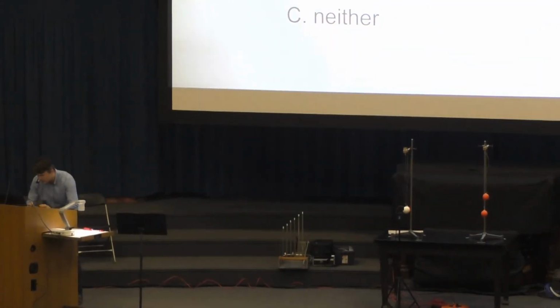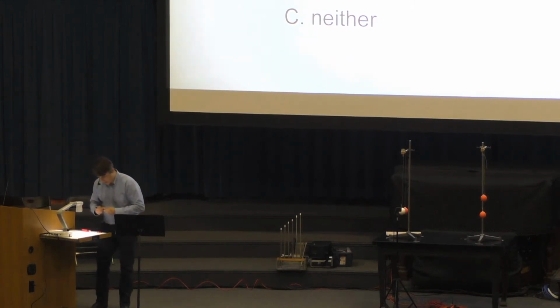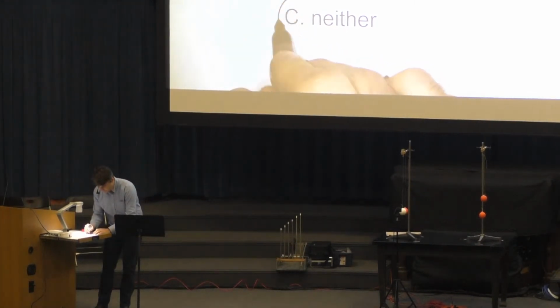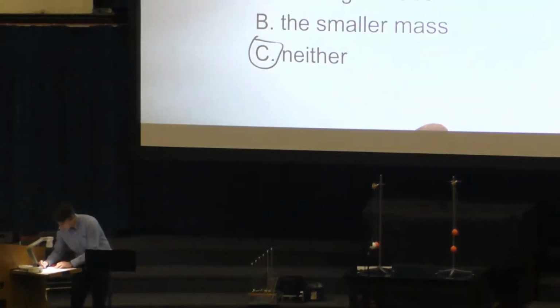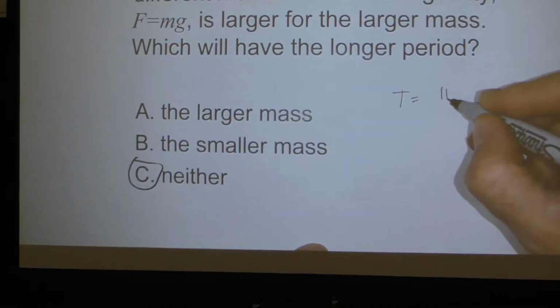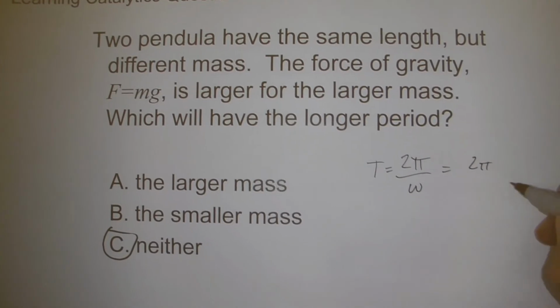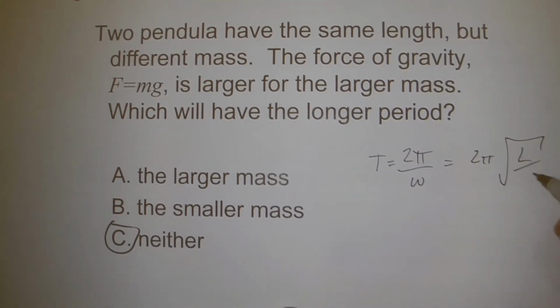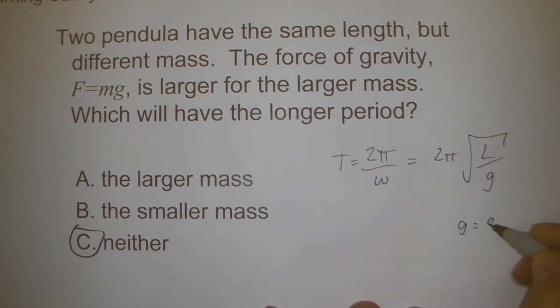And showing the results. Yeah, so the idea there is that the period, again, is 2 pi divided by omega. It's determined by the length of the pendulum and the acceleration due to gravity. g here just equals 9.8.